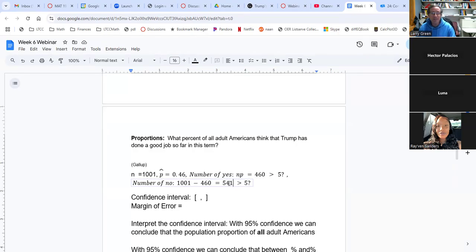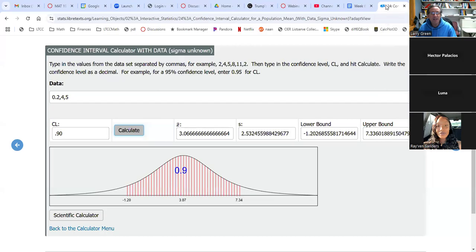All right, so the next thing is let's find a confidence interval. Will this calculator work to find a confidence interval for the example we're doing?